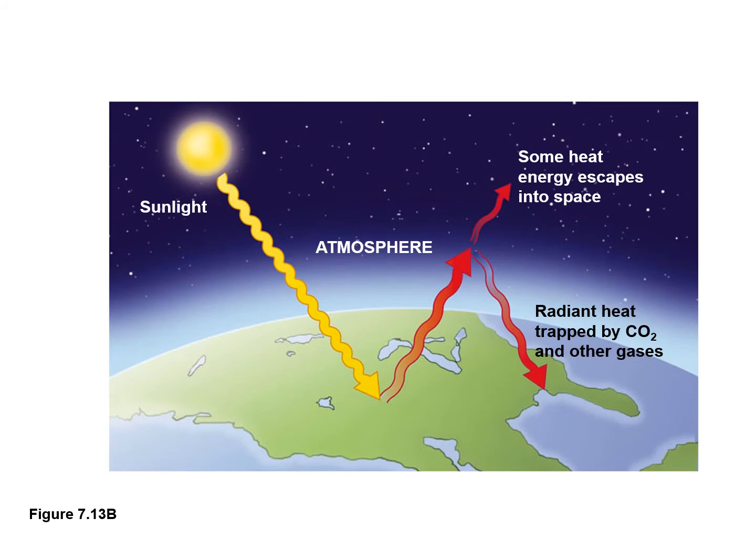So our figure here shows a simplified version of the greenhouse effect. The gases in the atmosphere, not visible on this figure but implied, are acting to contain some of the heat that would otherwise radiate back out into space. So the higher the concentrations of CO2 in the atmosphere, the more of this radiant heat that will be trapped.